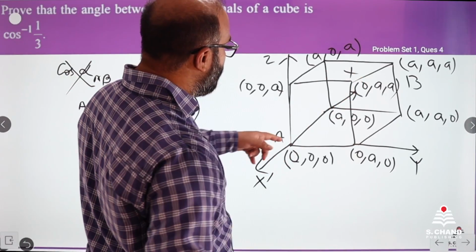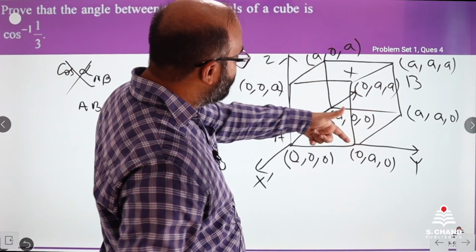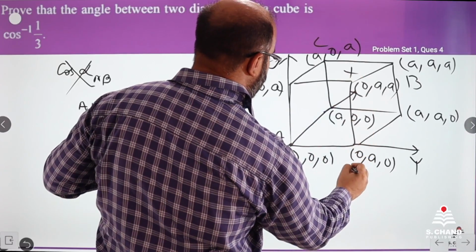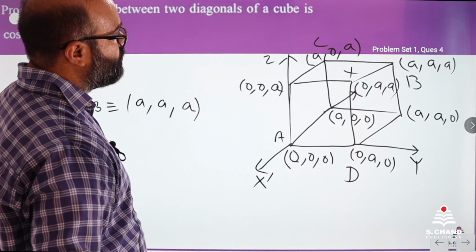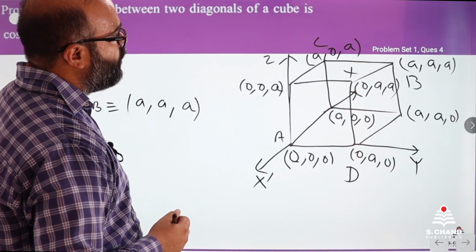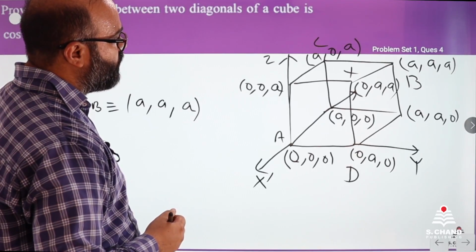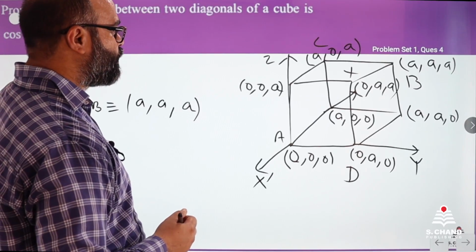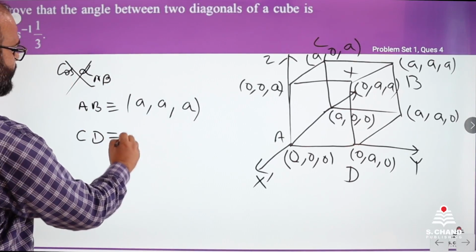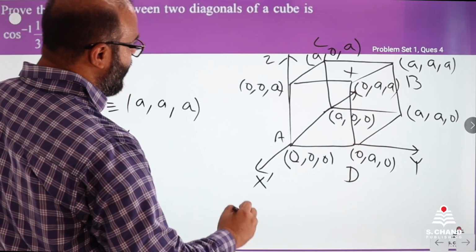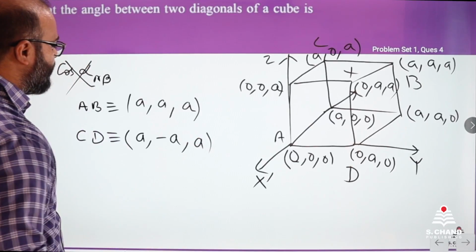Another diagonal would be, you can take this point and you can take this point. So this is C and this is D, like here. This point you can take diagonally opposite, and another point is this height. What will be the direction ratio now of CD? So you will say that it is a minus 0, 0 minus a, and a minus 0, like this.